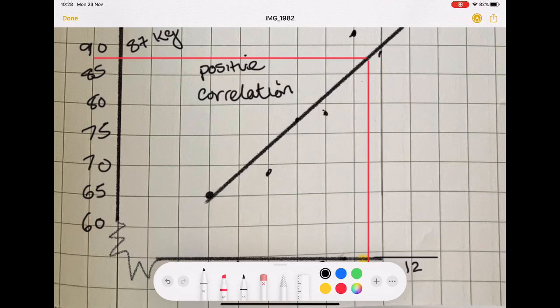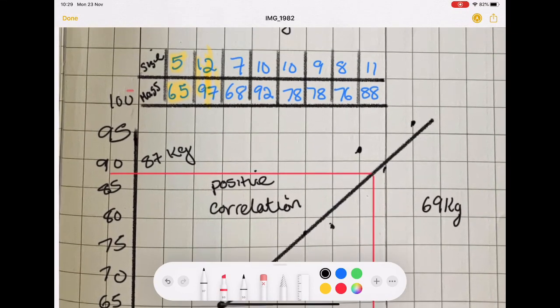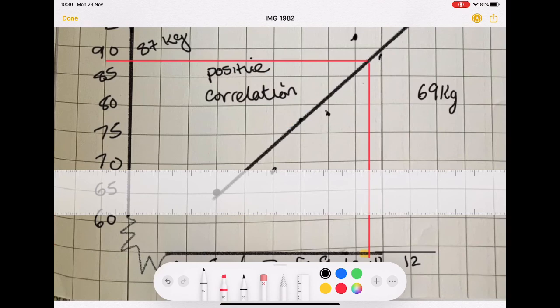Now, the second thing that we're going to do is we are going to find the shoe size of a man with a mass of 69 kilograms, okay? So he's 69 kilograms. That's what we're looking at. Now, let's have a look at our data again. Draw across, okay.